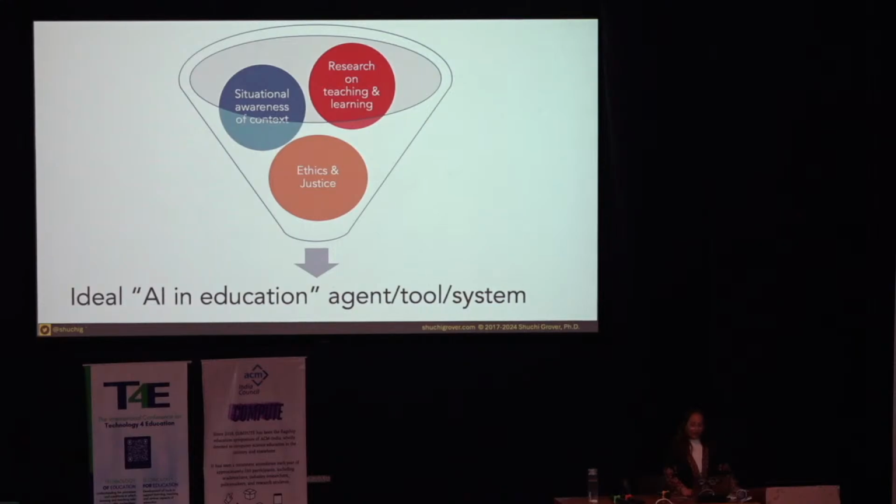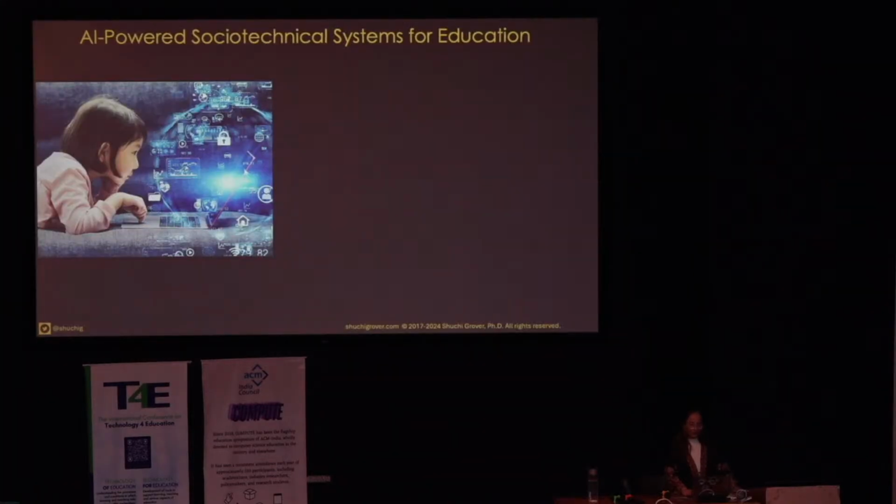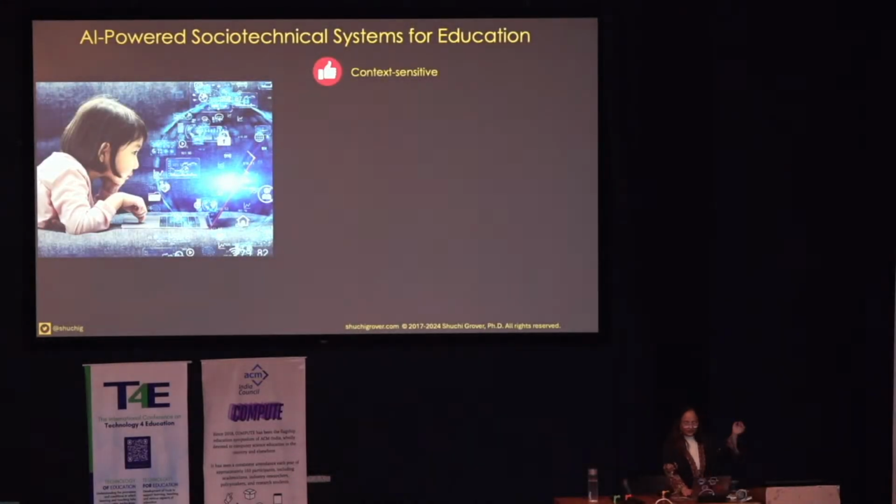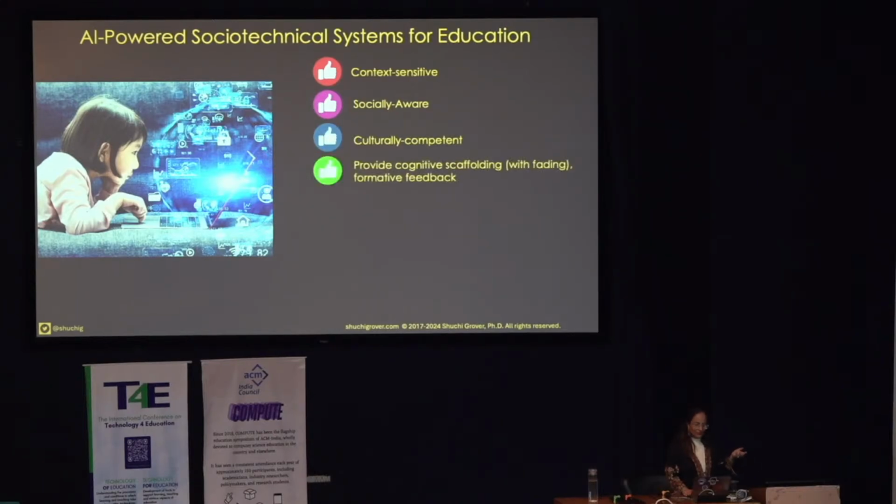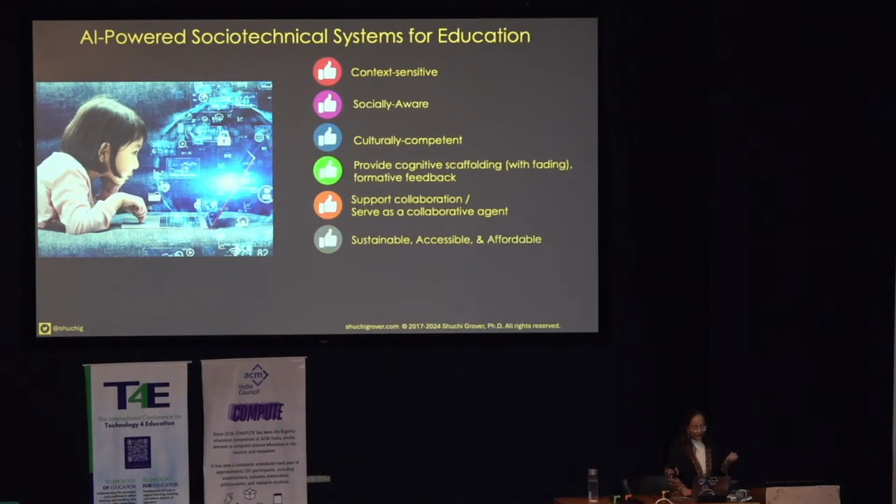And AI-powered socio-technical systems for education have to be context sensitive, supporting and adapting to the specific learning environment in which they're being used, affording relevant support. They're socially aware of learners' interests, backgrounds, all of that, culturally competent, providing cognitive scaffolding with feedback and formative feedback, supporting collaboration, serving as a collaborative agent perhaps.